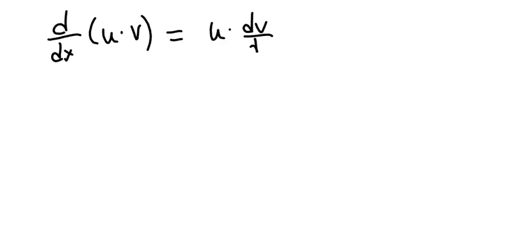So consider the following. When you were in Calc 1, you took the derivative of a product, the product u times v. And you figured out that that was u times the derivative of v plus v times the derivative of u.